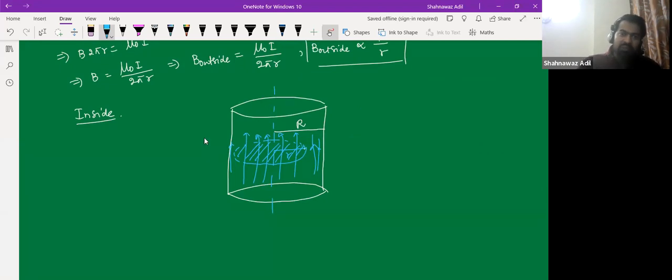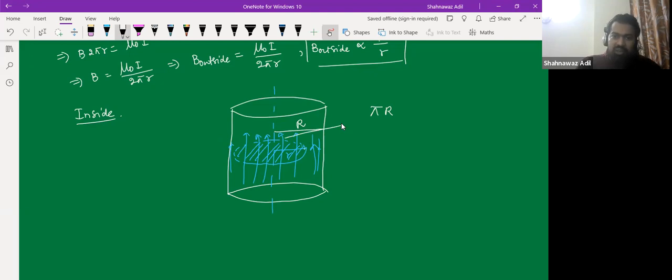So what do we know? The current which is passing through this whole area was I, right? And let's say the current that will pass through this part is I dash.